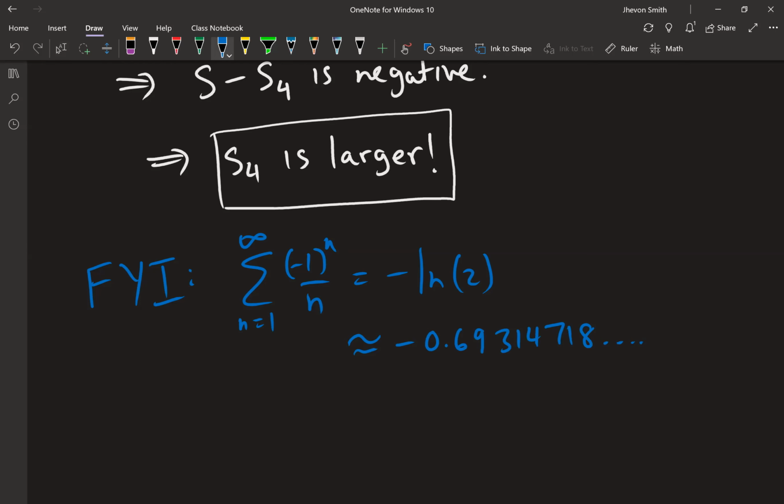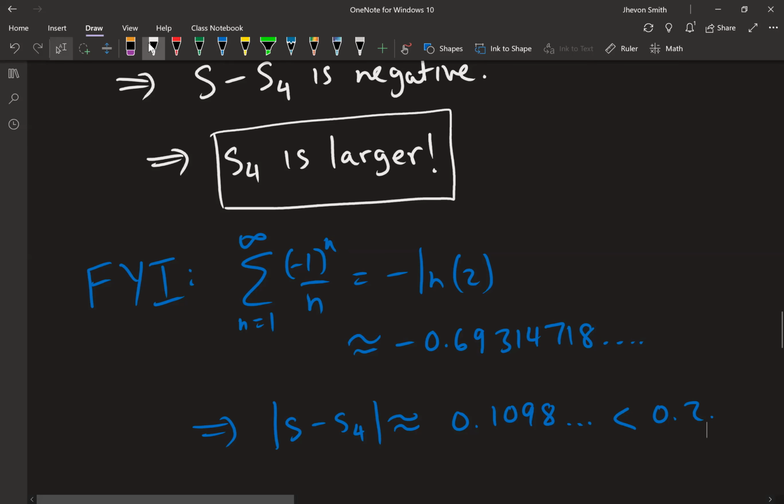It's an irrational number, a non-repeating decimal, which means the actual difference between S and S4 is roughly 0.1098, which is less than 0.2. So by adding the first 4 terms, I actually got to within 0.2 of the answer. In fact, I'm better than 0.2. I'm within 0.10998 of the actual answer.